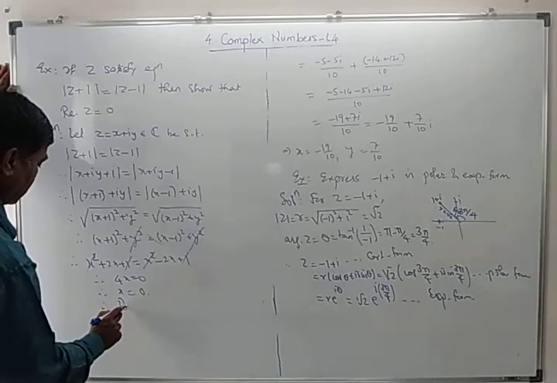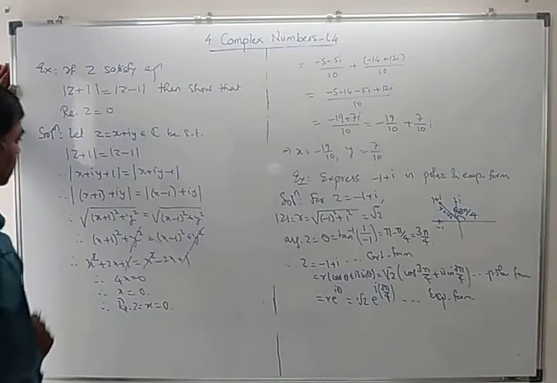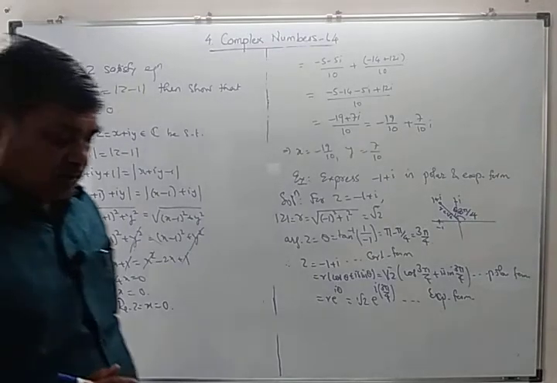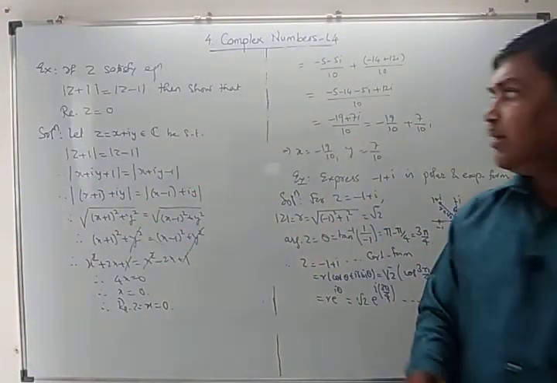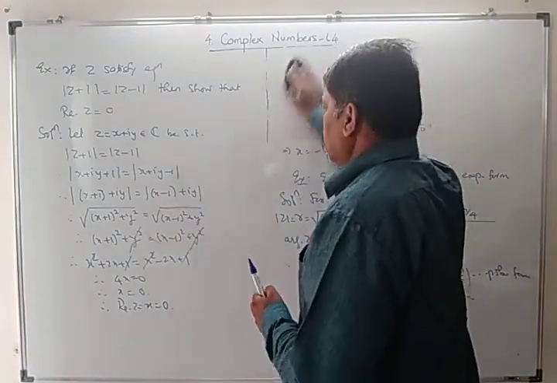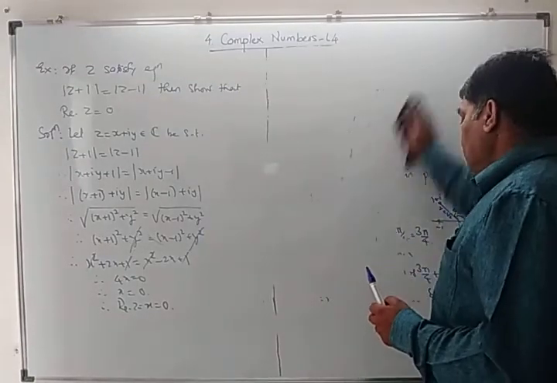Therefore real part of Z is equal to 0. So this result is proved. On the same line, if I take any real number e, if I just replace that 1 by e, we will get the same result.